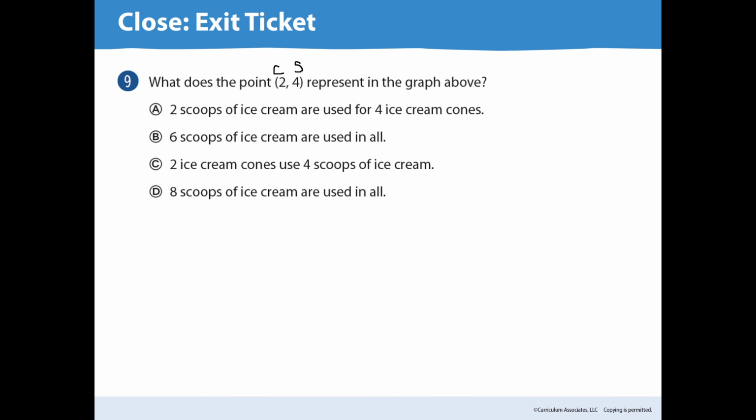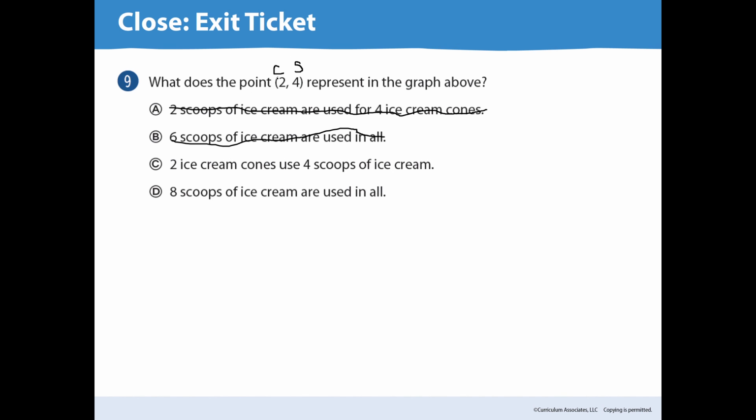So let's see which one matches that. 2 scoops of ice cream for 4 ice cream cones. So here we have 2 cones and 4 scoops. So not that one. 6 scoops of ice cream. Nope, here we have 4 scoops of ice cream, so not that one. 2 ice cream cones use 4 scoops.